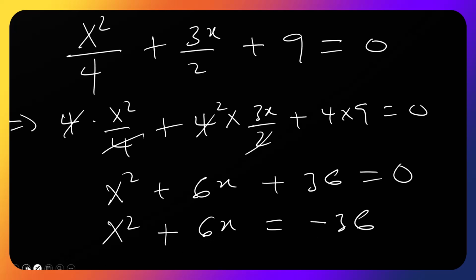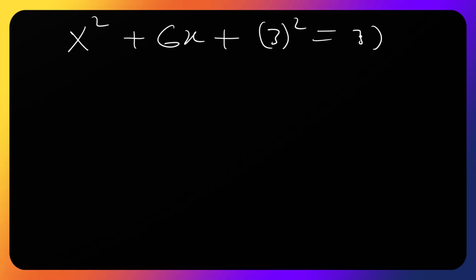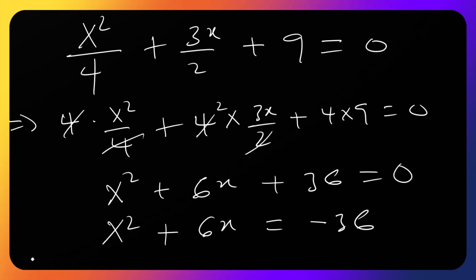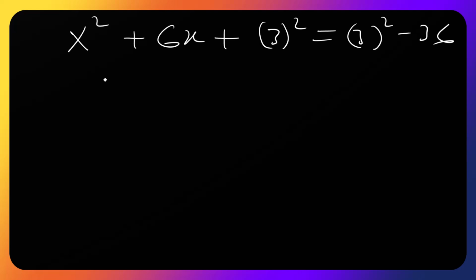Let's add 3 squared to both sides. So we took half of this and we squared the result, and we are adding it to both sides of the equation. 3 squared minus 36.